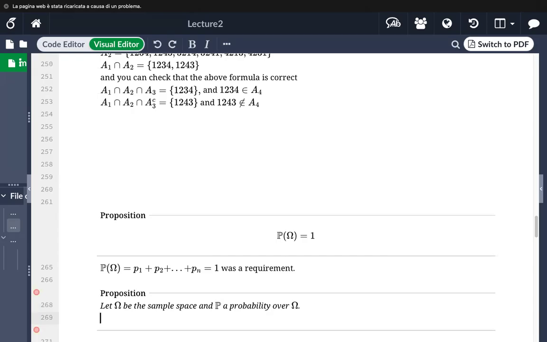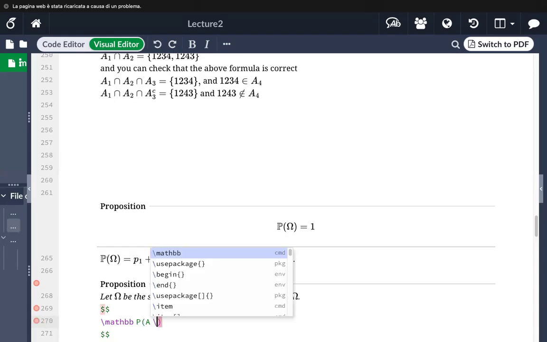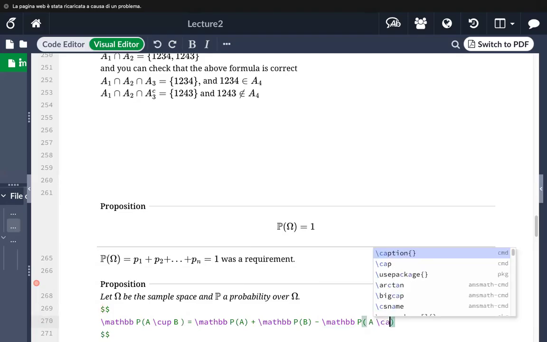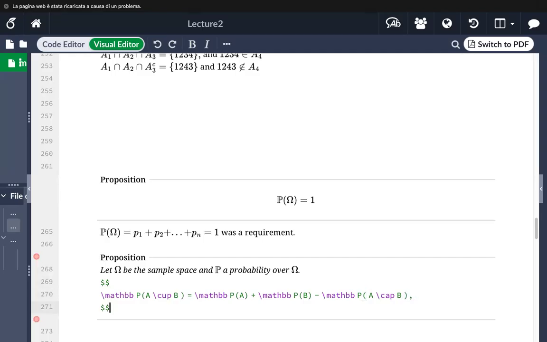However, that formula still holds, because the probability of A union B is equal to the probability of A plus the probability of B minus the probability of the intersection, because we are counting it twice in the previous sum. This holds for each event A and B.